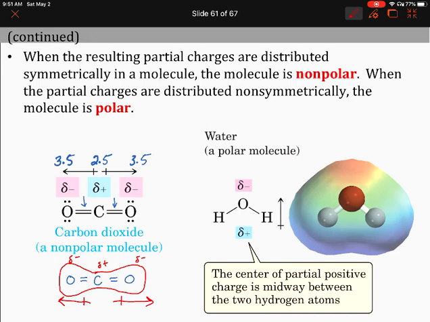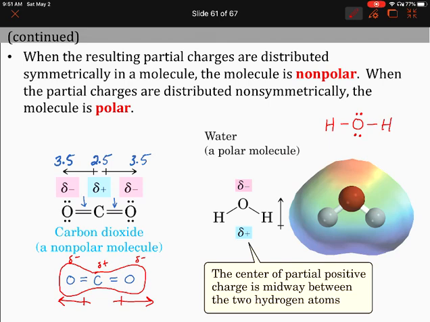However, if we look at water, the partial charges are distributed non-symmetrically. So that molecule is polar. So water, we might draw the Lewis structure like this, which does look symmetrical. However, lone pairs of electrons like to be next to each other because lone pairs of electrons tend to take up more space.